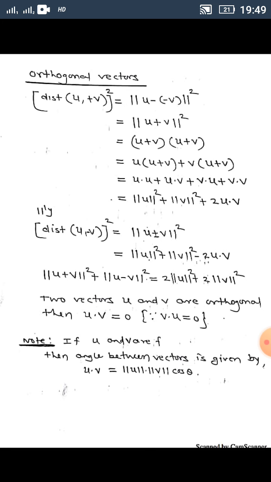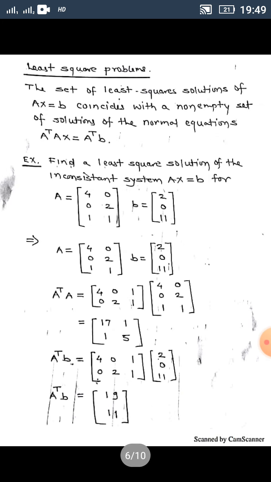Okay, next, least square problems. The set of least square solutions of Ax equals b coincides with the non-empty set of solutions of the normal equations A transpose Ax equals A transpose b.